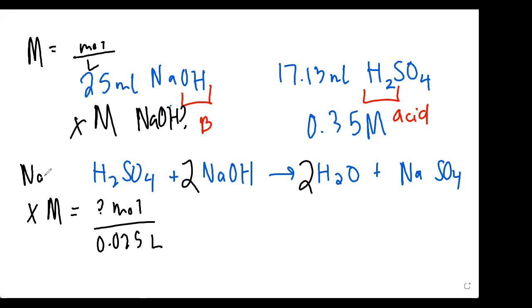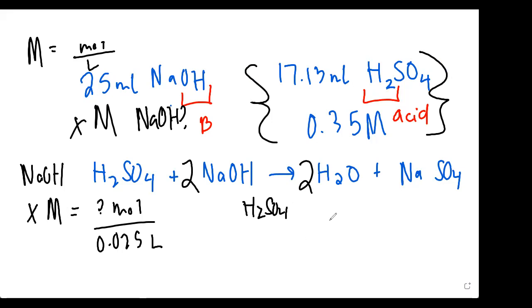And this is the NaOH part. So we can't really solve this, right? Because there's two missing variables. So we have to go to the acid side.